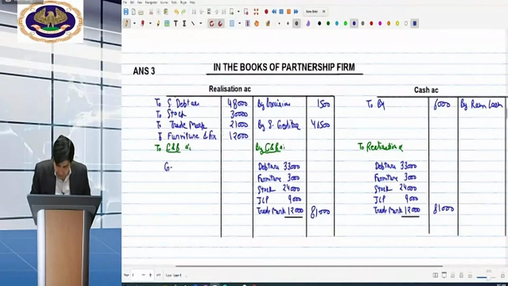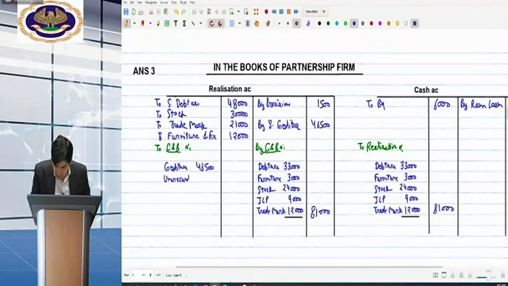For creditors, it was paid in full, that is 46,500, and the additional unrecorded contingent liability, that is 7,500, and total becomes 54,000.